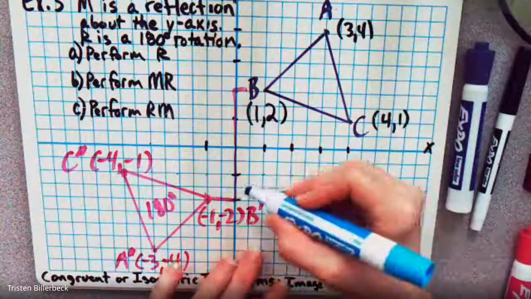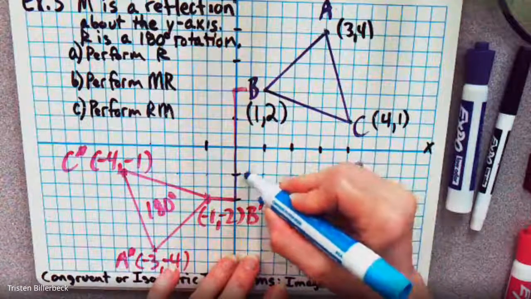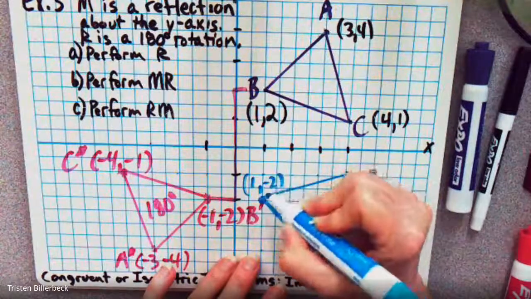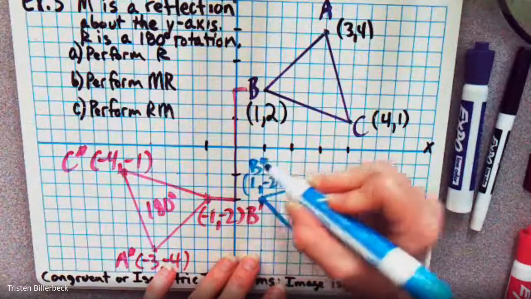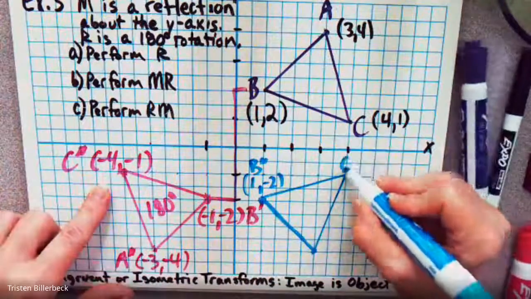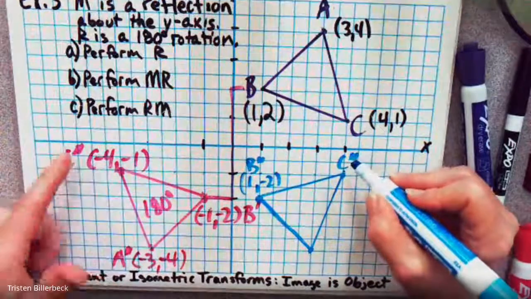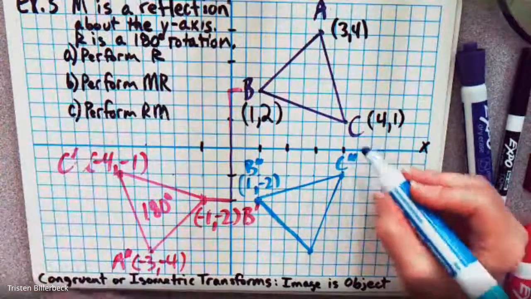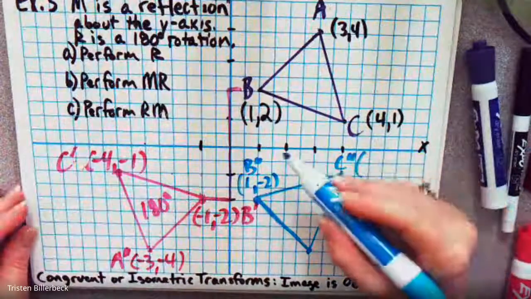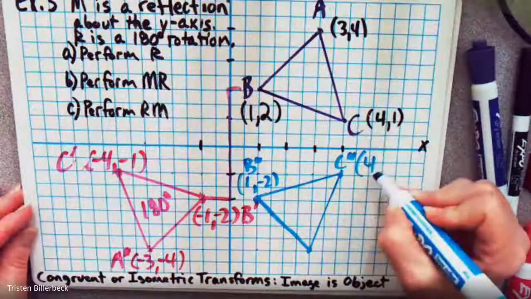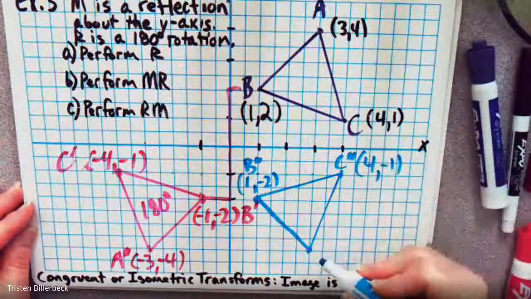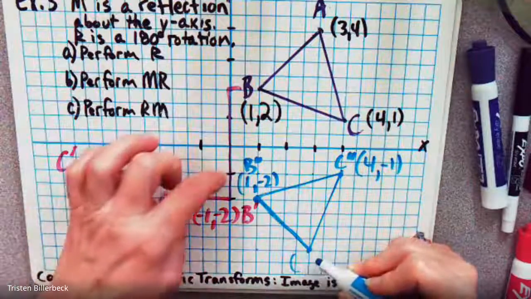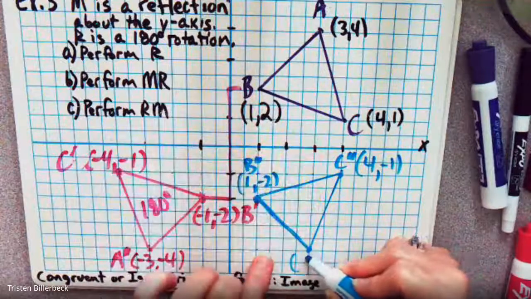Okay, so this gives me B double prime, and B double prime is at 1, negative 2. Okay, C double prime, that's a C prime. Okay, so C double prime is at 4, negative 1, and D double prime is at 3.